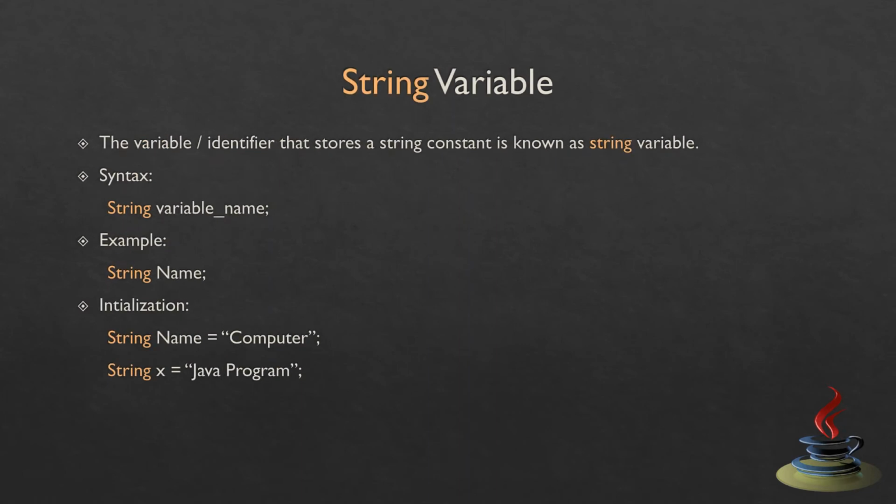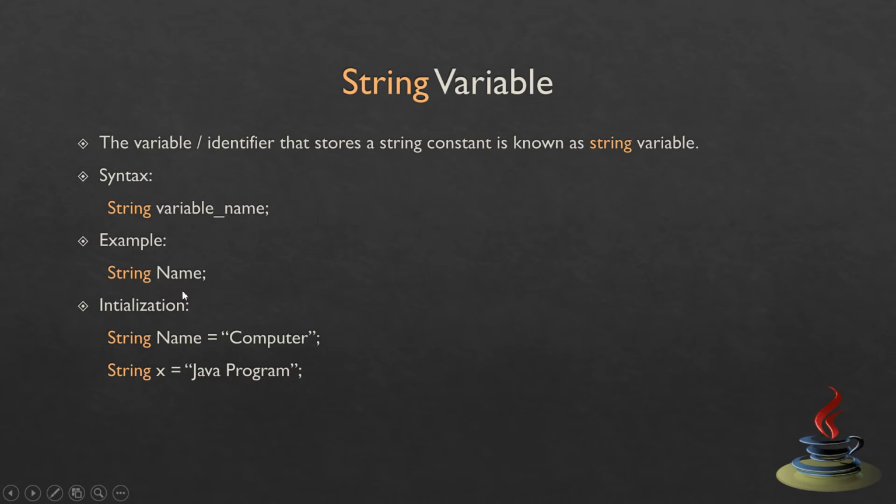So first, what is a string variable? The variable or identifier that stores a string constant is known as a string variable. The syntax is here. First you write String, then your variable name. For example, you write String name.